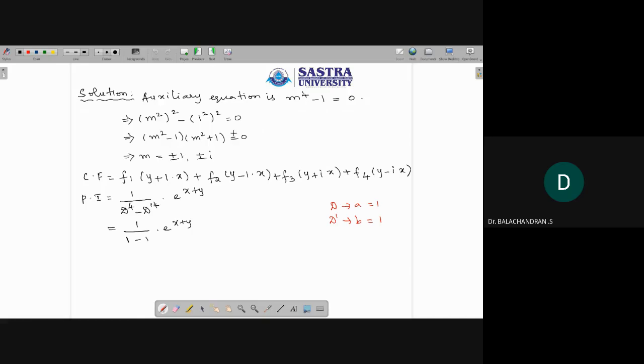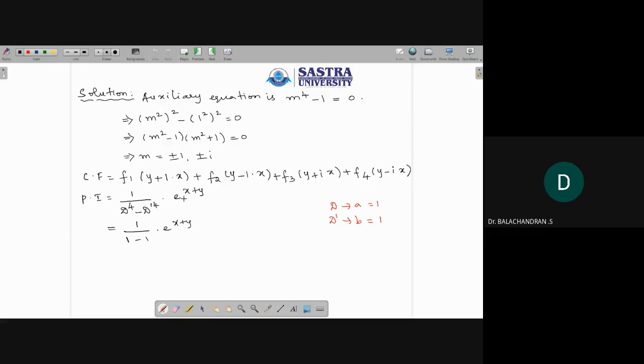M square equal to minus 1 means m equal to plus or minus i. Here all the roots are distinct: plus 1, minus 1, plus i, minus i. So the complementary function is f1 of y plus x plus f2 of y minus x plus f3 of y plus ix plus f4 of y minus ix.